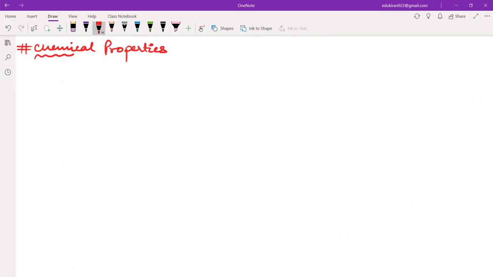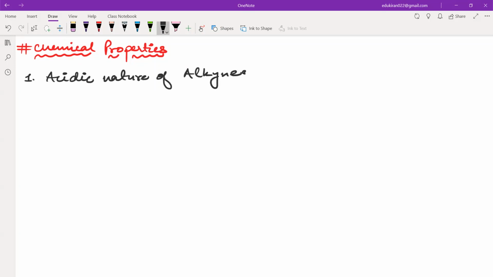Chemical properties. Now, in chemical properties, the first is the acidic nature of alkynes.